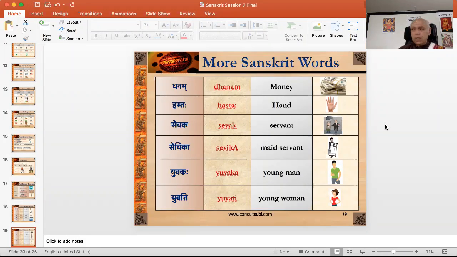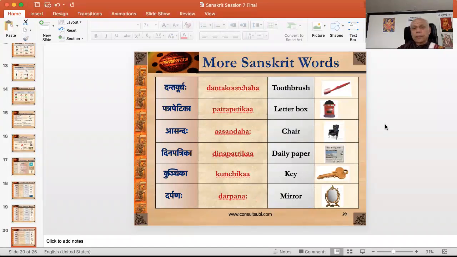So these are all new words you're learning. Danta kurchaha. Danta refers to teeth. Dental comes from danta. Kurcha is a brush. Letterbox. Patra petika.